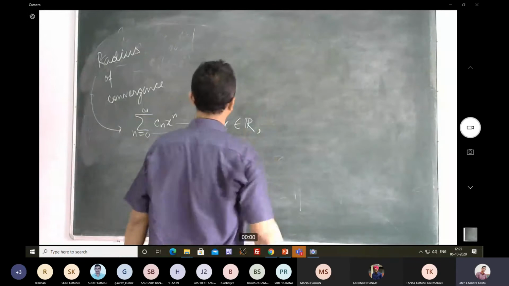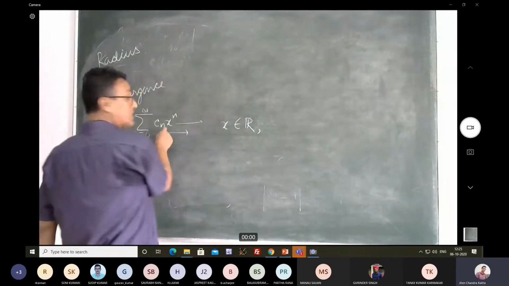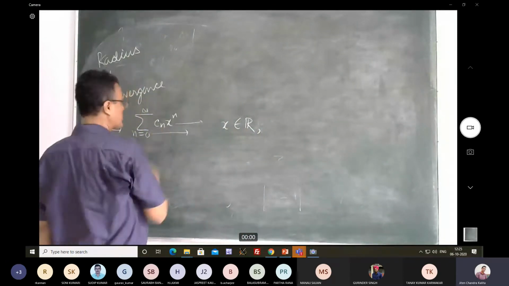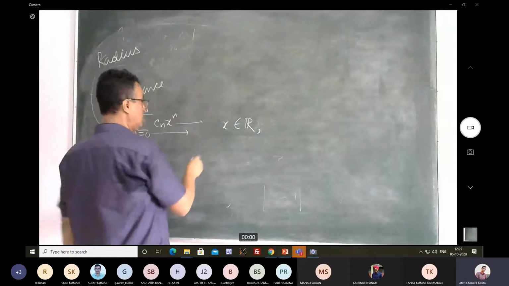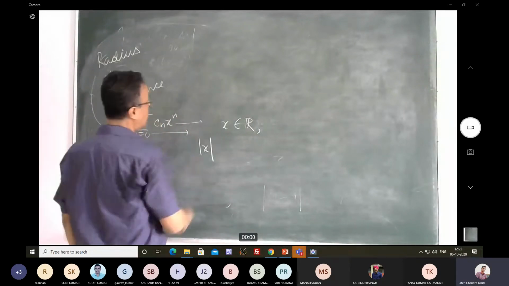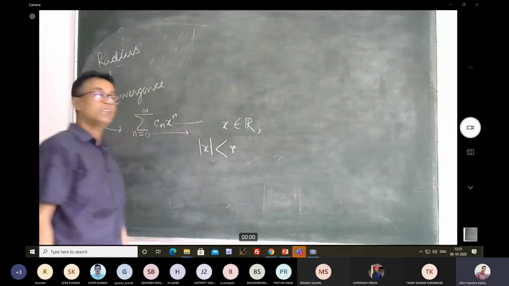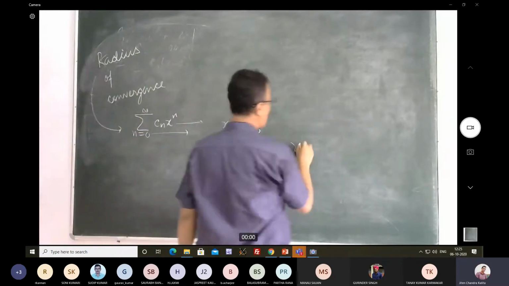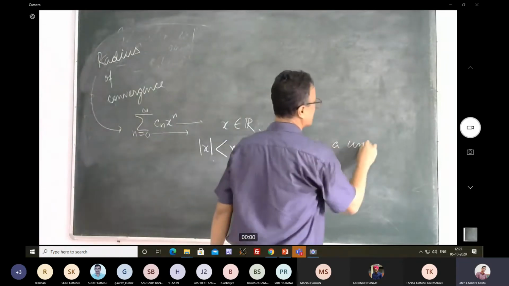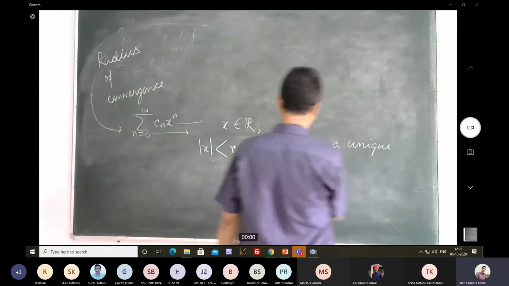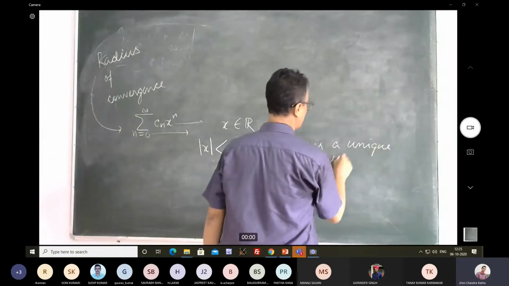The next possibility could be that this series converges absolutely for all mod x less than r, where r is a unique non-negative real number.